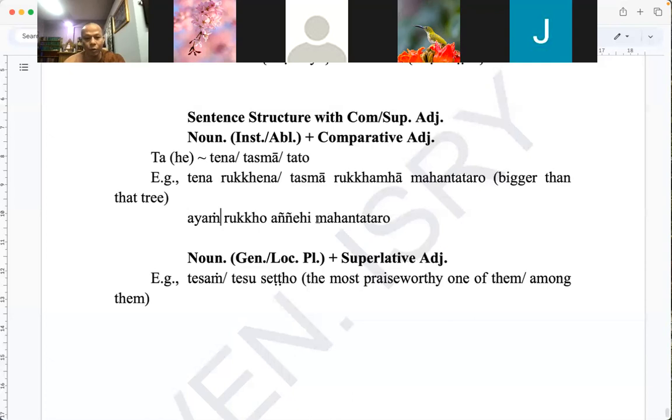Ayam rukkho. Maybe 'so' is not needed because rukkho was already said, so to avoid repetition it can be understood. In this way, that means this tree is bigger than that.